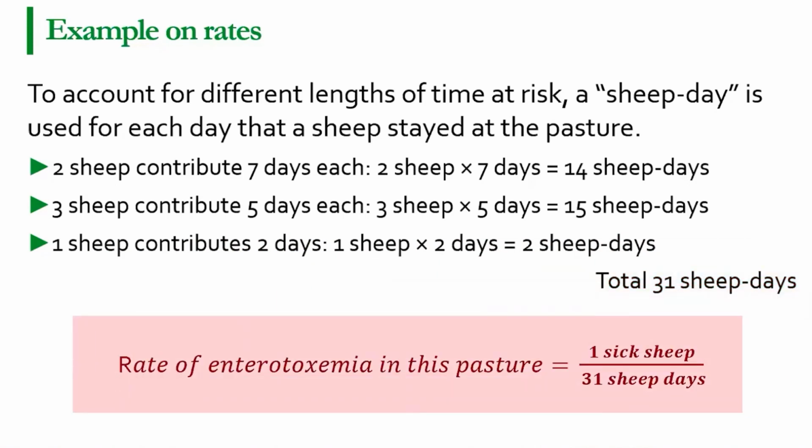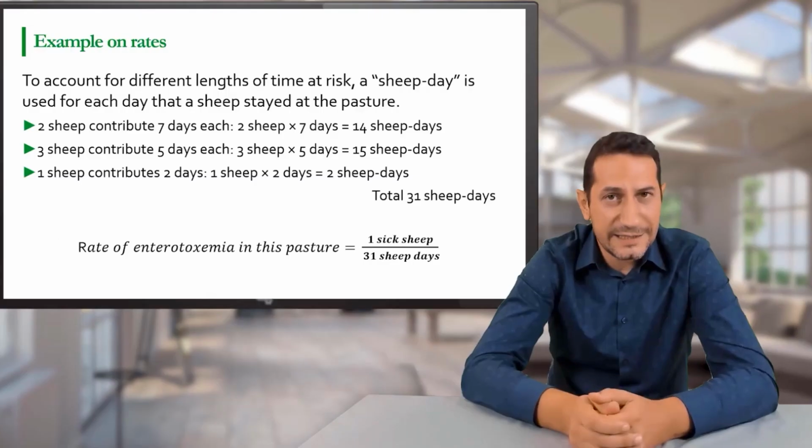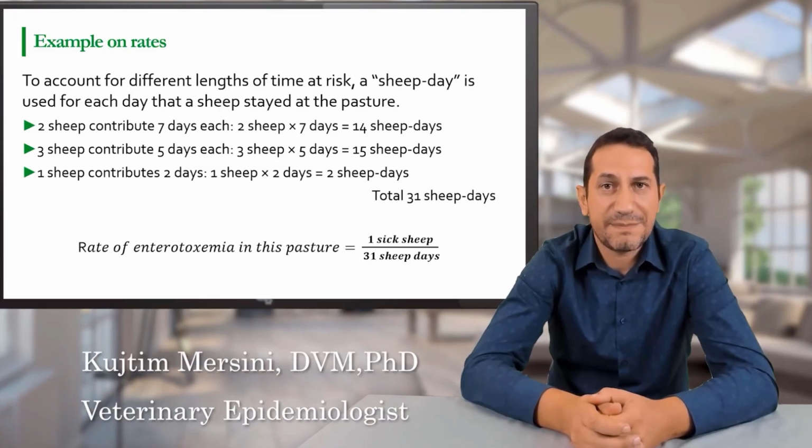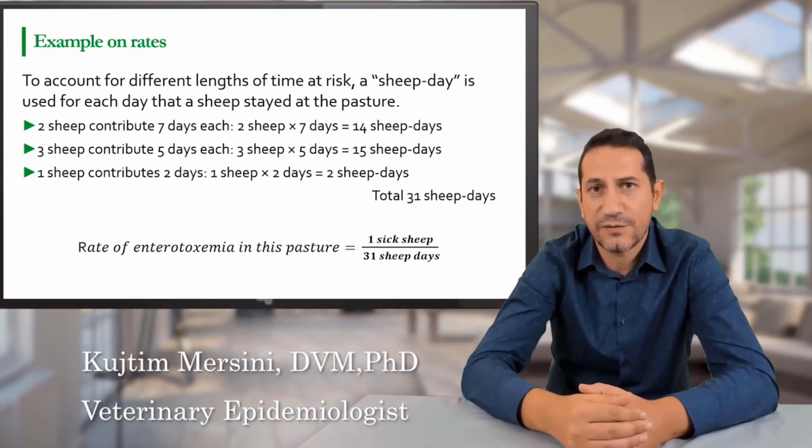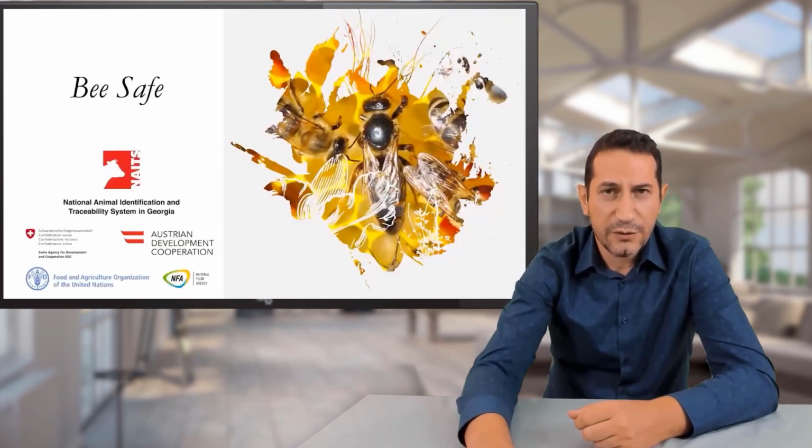The rate of enterotoxemia in this pasture is 1 sick animal per 31 sheep days. That's basically an incidence, but we will expand the concept in other lectures, so we'll reserve that for later. So thank you for this, and we'll see you next time.